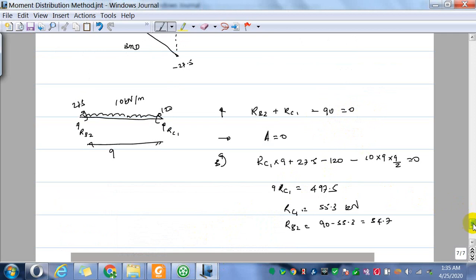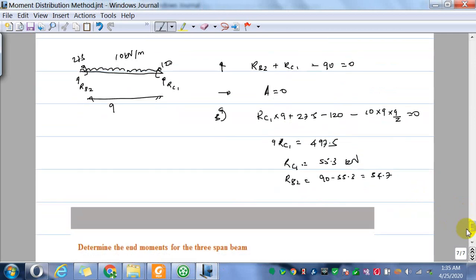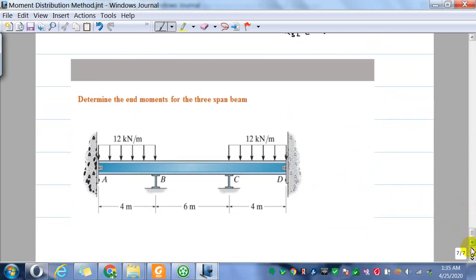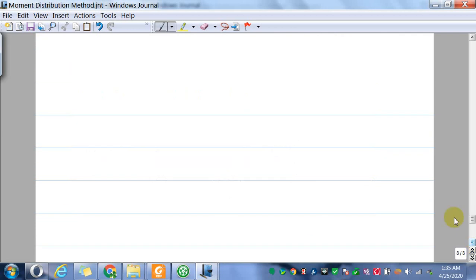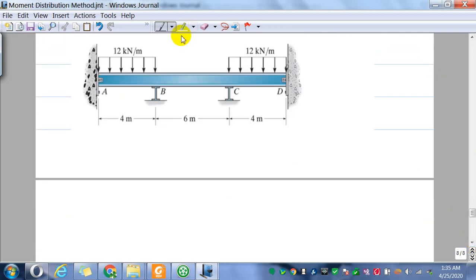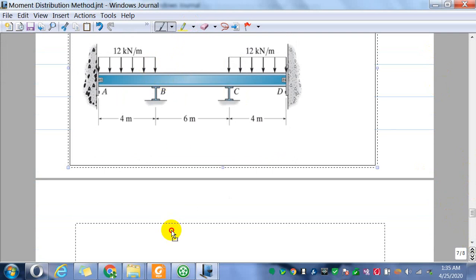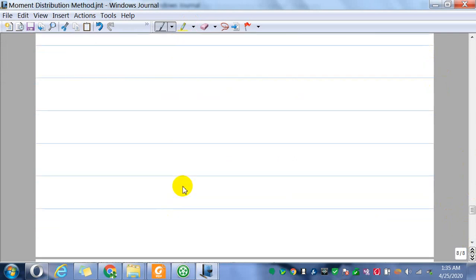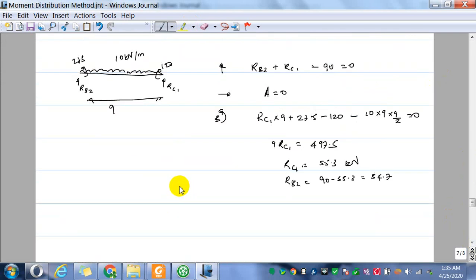Now let me move this further. So I got the reactions for RB2 and RC1. Now I have those reactions.